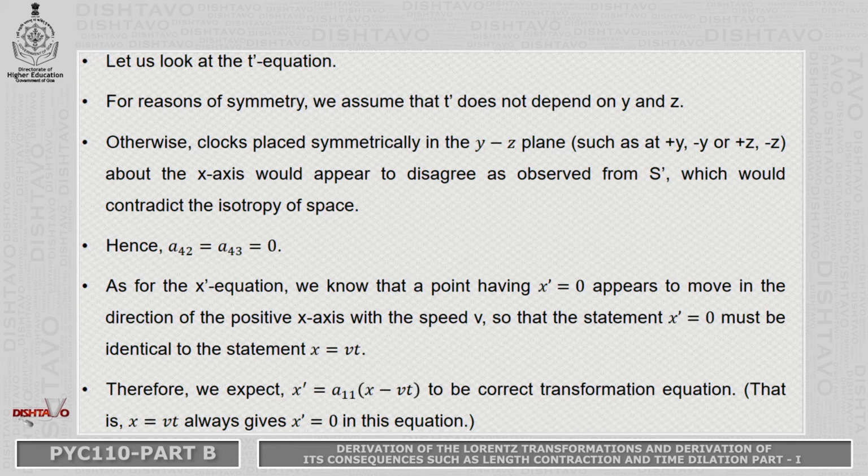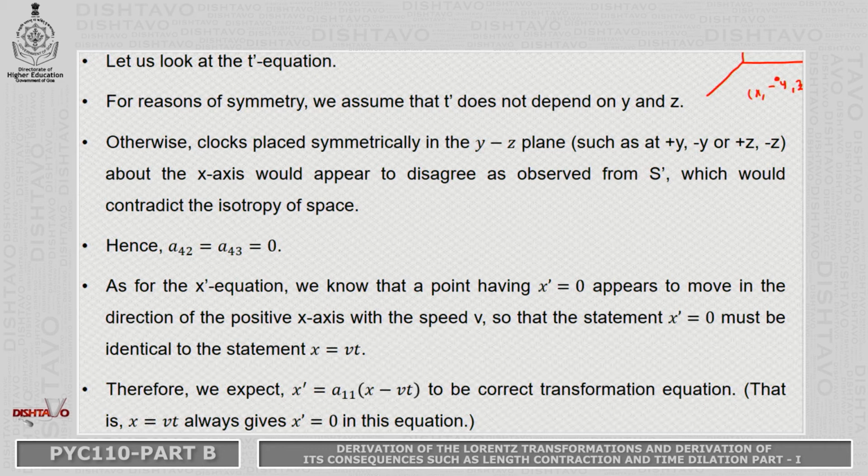That means if I place a clock at plus y and minus y, with the x and z coordinates the same, that is x, plus y, z and x, minus y, z, and we place these two clocks, they should measure the same time. So it is independent of y.